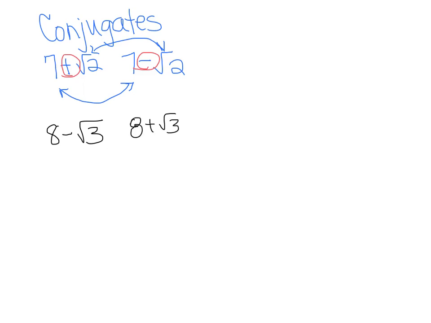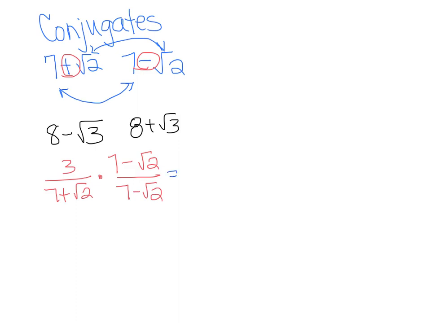So we use conjugates to simplify radicals. For example, if we have 3 over 7 plus the square root of 2, I have to rationalize, but I can't rationalize with just the square root of 2, and I'll show you why tomorrow in class. So we have to use its conjugate: 7 minus the square root of 2 over 7 minus the square root of 2.